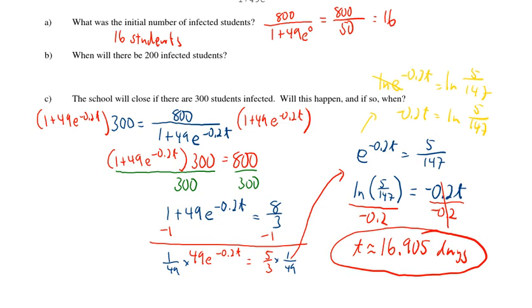What would the formula be if I changed the 300 to a 200? It'd be ln of what? If you change, instead of 300, you put 200.